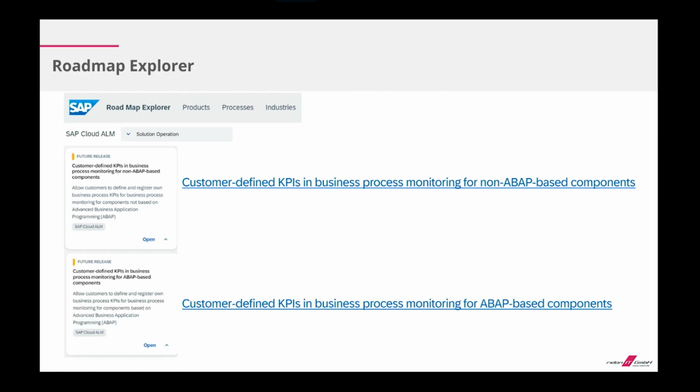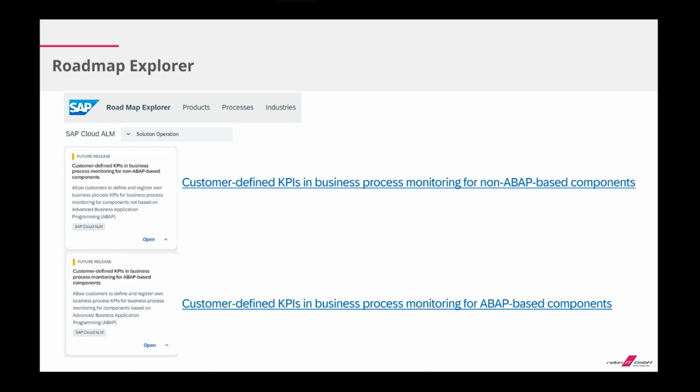And next surprise of today, I found two items which are both related to customer-defined KPIs. The only difference between those two is that one is related to non-ABAP-based KPIs, and the other one is for ABAP-based KPIs. So good news is there is something on the roadmap.